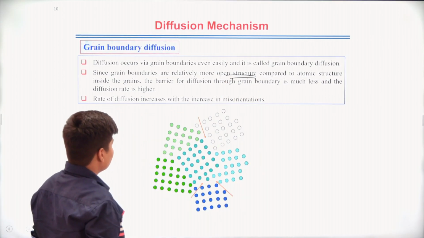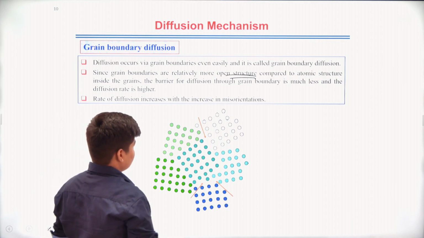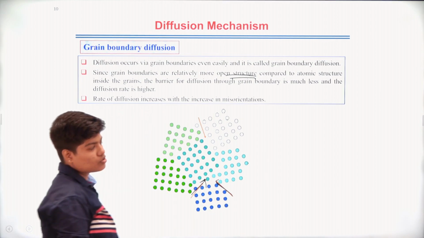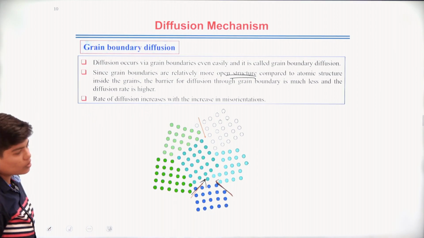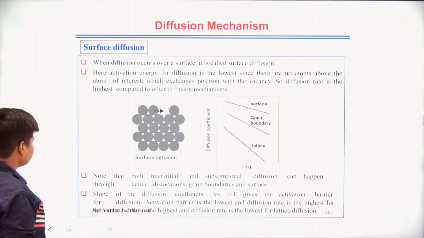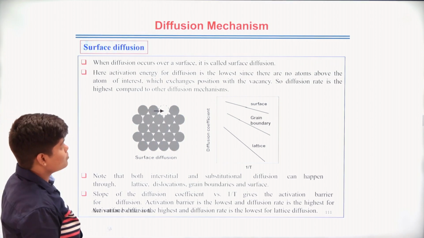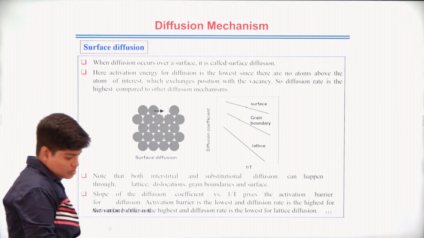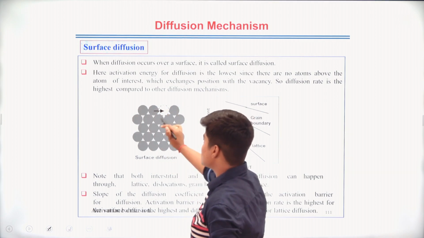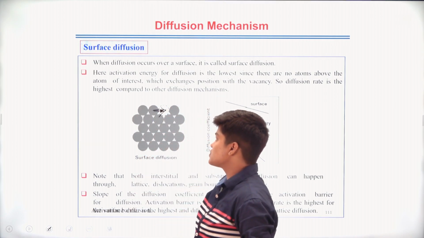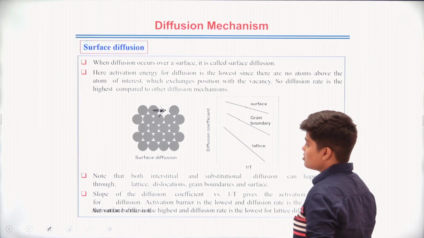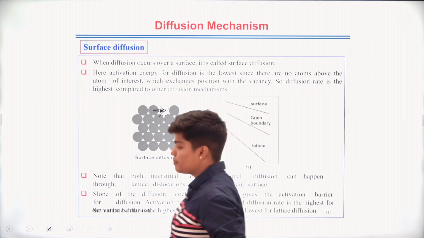In that case diffusion will happen due to the misorientation, and the rate of diffusion will be more as compared to the atom interchange or vacancy mechanism. Now, surface diffusion. What is surface diffusion? Surface diffusion means diffusion occurring over the surface. Here the rate of surface diffusion will be more as compared to the others.